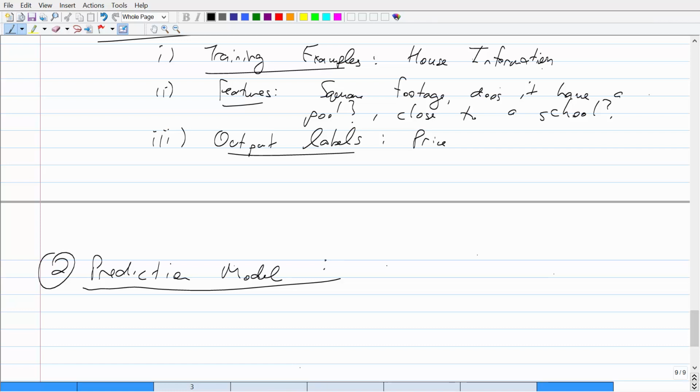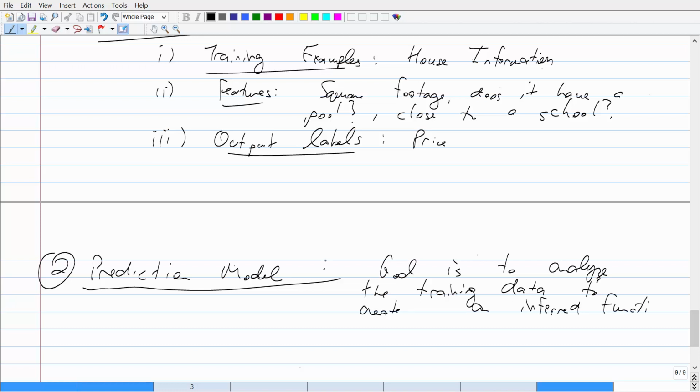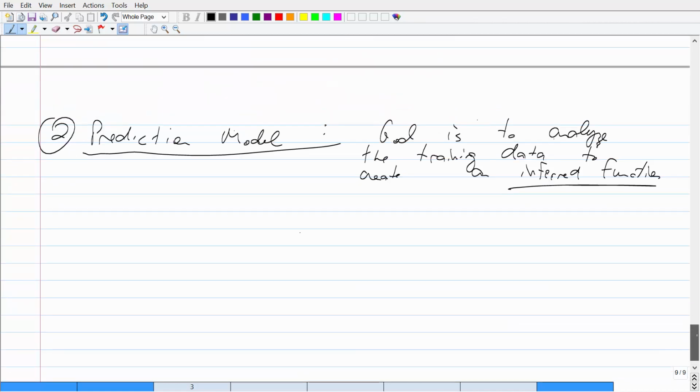The goal is to analyze the training data and create what's known as an inferred function, or prediction function. This function, this prediction model, will be used to classify or predict new data points that come in, points that you haven't seen before that were not part of your training data.